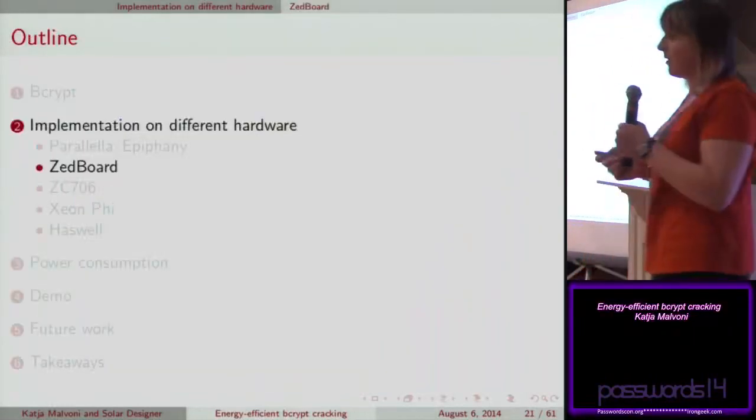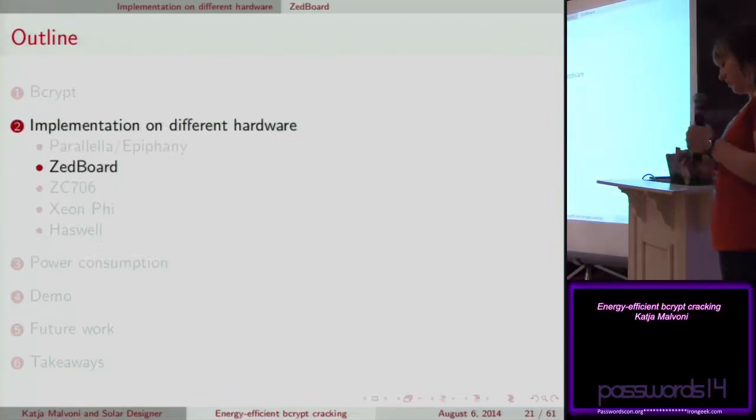So now we come to the FPGA implementations, and we'll have a short break because, as we saw with assembly, there are a lot of details, but with FPGAs, it's much more technical and much more detailed.